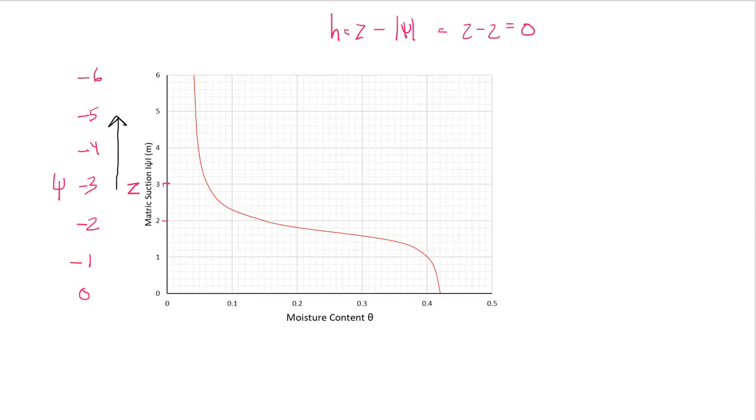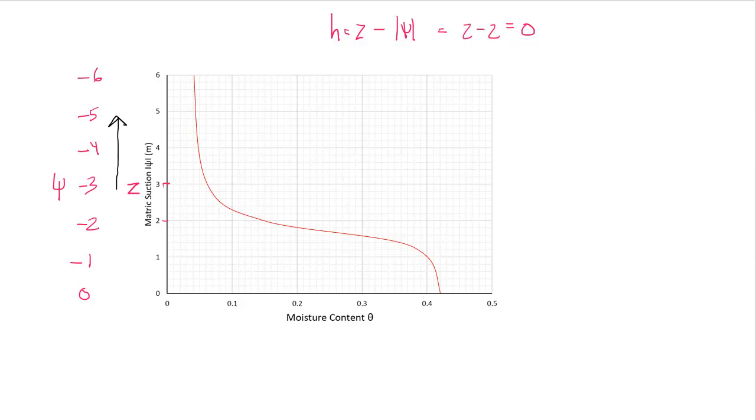And if we want to know at either of those elevations what the corresponding moisture content is, we always use the soil moisture characteristic curve. So if we're at 2 meters above the water table, and the matrix suction is therefore 2 meters as well, to find out what moisture content we'd expect 2 meters above the water table, we simply read off the soil moisture characteristic curve.